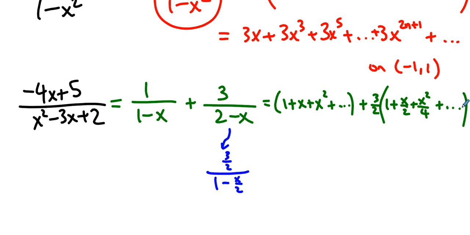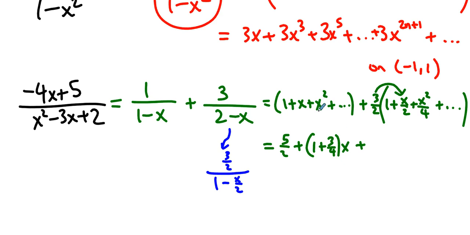So we think about what this means for us. How do we add those things together? Well, there's a 1 and a 3 halves. That's 5 halves. There's a 1x and a 3/4 x. So just for convenience, that's a 1 plus 3/4 x.